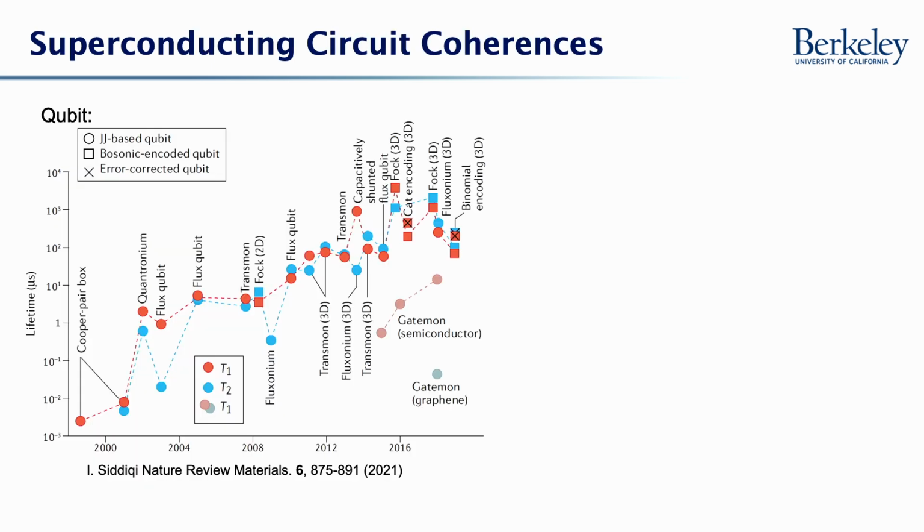So part of the story of why it's even interesting to think about using these transmons as a qudit-based architecture has been this explosion in coherence in superconducting circuits over the last 20 years, which still is steadily improving. And already this plot is out of date. But we've seen a 6 to 7 orders of magnitude increase in superconducting lifetimes for qubits over the last, say, 20 years.